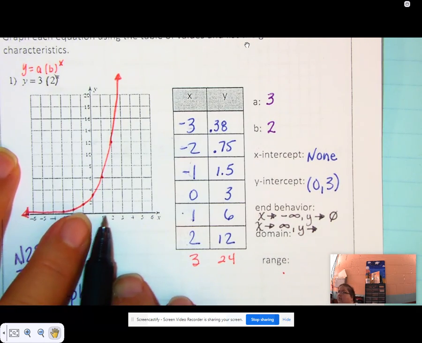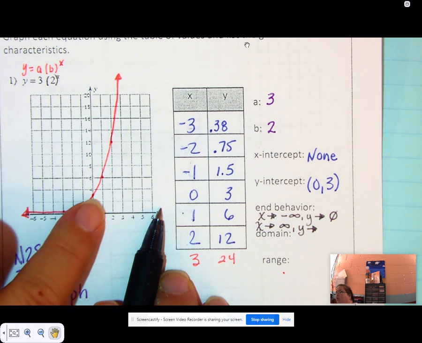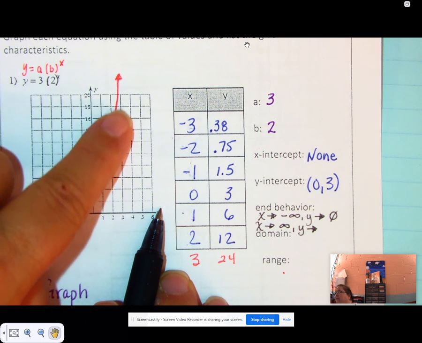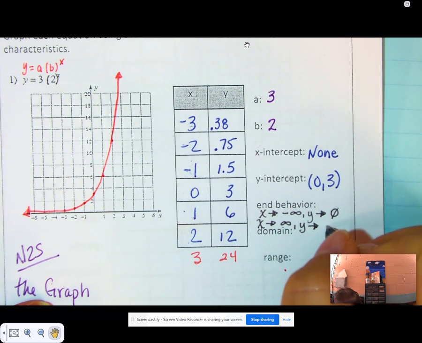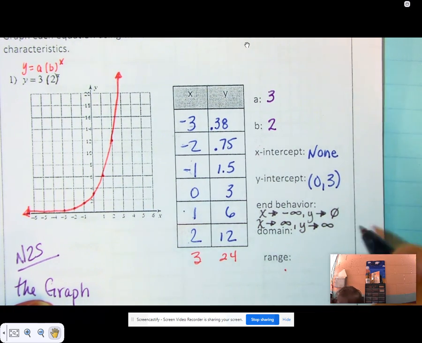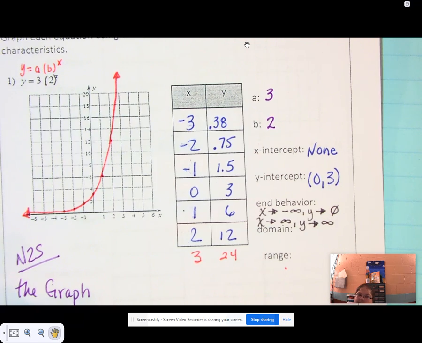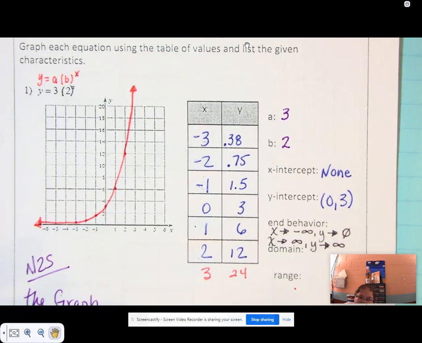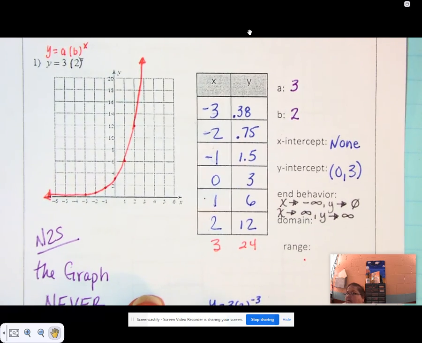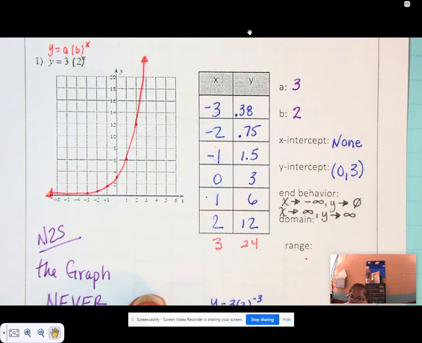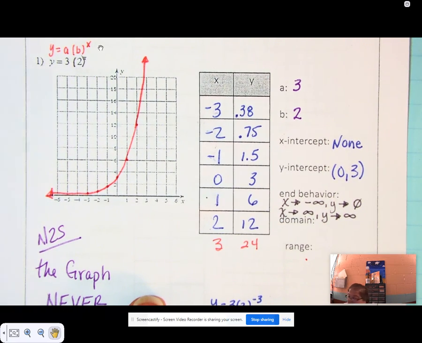So as I'm going to the right, what are my y values? They're going up. So now I have positive infinity. So with exponential functions, we have that interesting piece going on. Any questions?